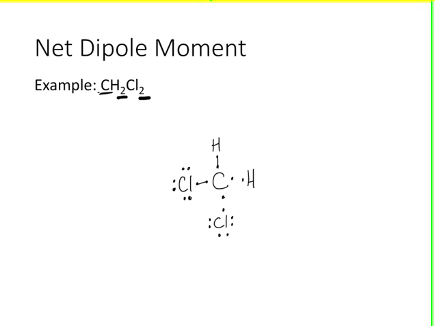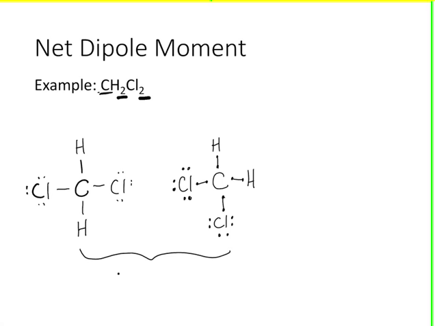Okay, so now we can make our bonds. Again, we could have just as easily put the hydrogens opposite each other and then the chlorines opposite each other. So these are both the same, even though they don't look the same.